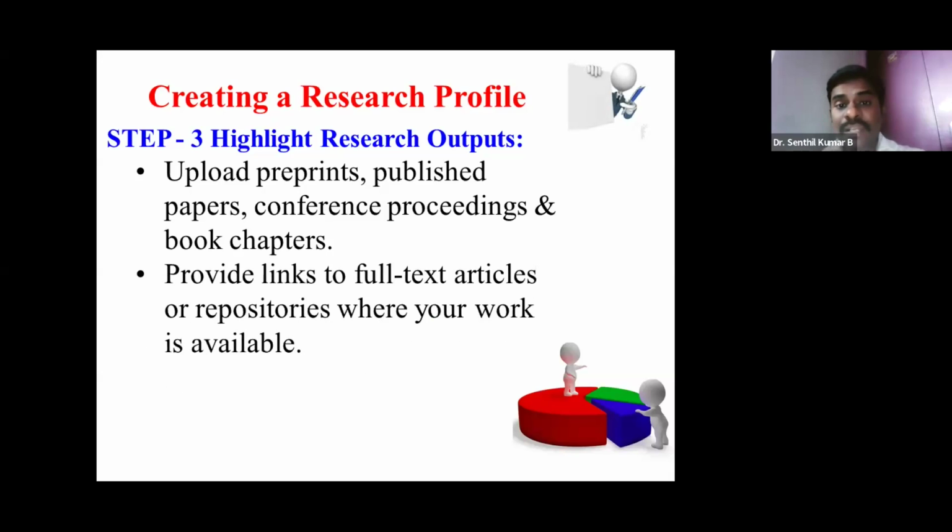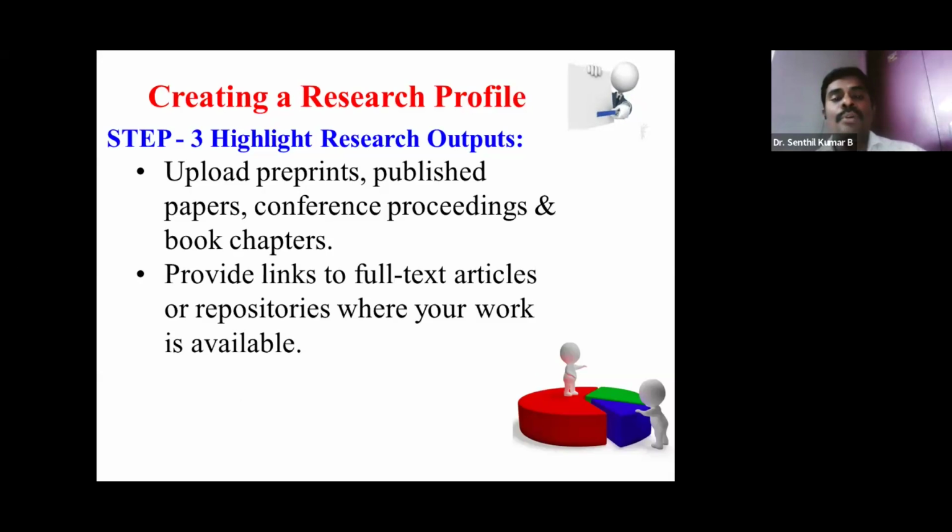Then provide links to full text articles or repositories where your work is available. This is very important. Usually what we do is we just add our publication details, but the entire publication is not uploaded. Whenever a researcher wants to use your research as a reference work, they will request you for the full text articles. This frequently happens in ResearchGate.